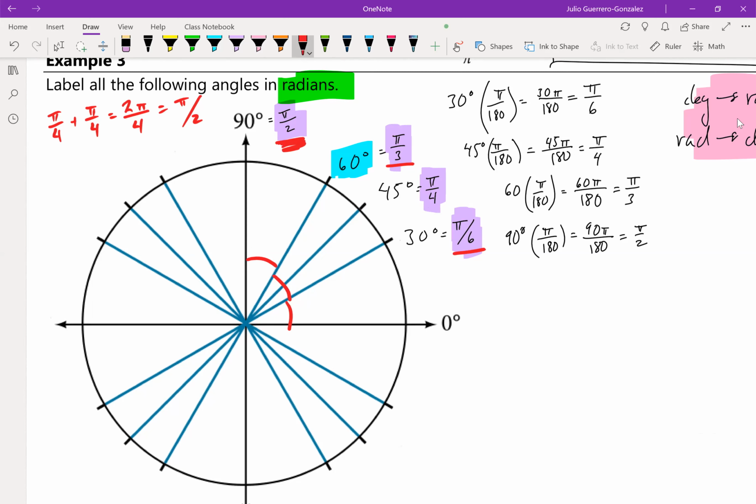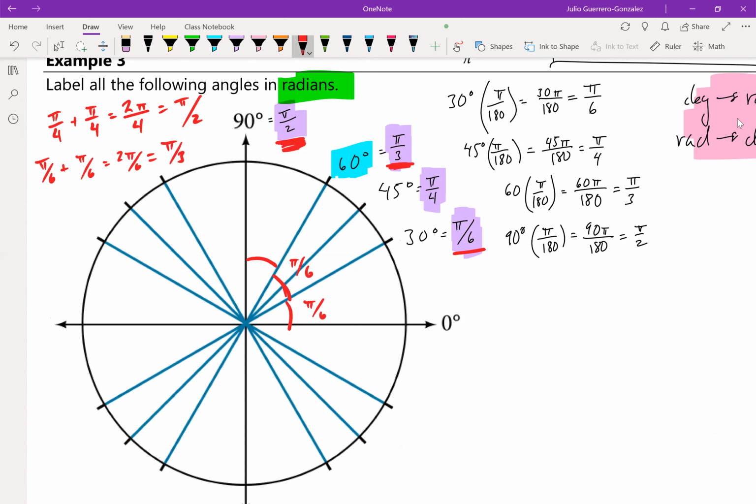If we have pi over 6, we know that this is pi over 6. We're adding another pi over 6 to pi over 6, and that reduces to pi over 3, which is exactly what we were supposed to get when we added two 30 degrees together.